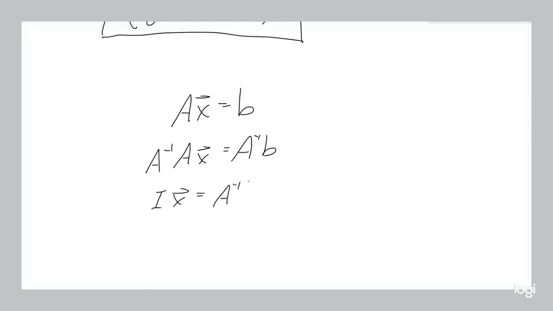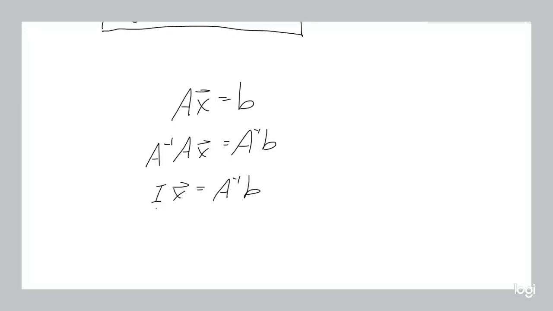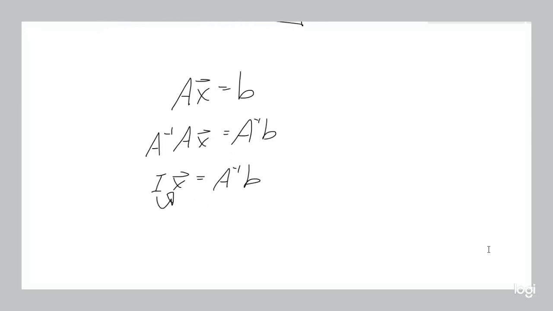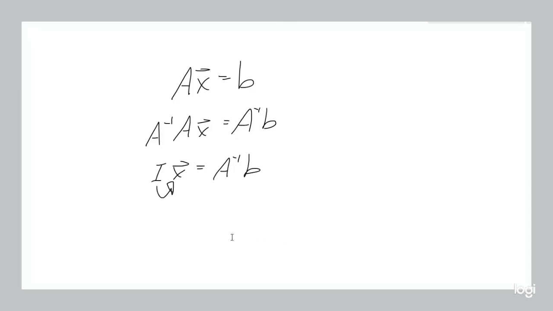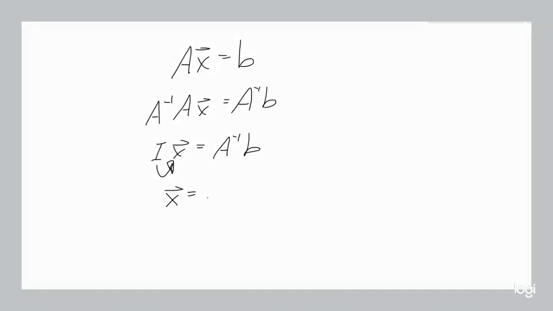If Ax equals B, we can multiply both sides by A inverse. And then we get the identity matrix on the left side equals A inverse times B. The identity matrix multiplied by any matrix, and we could think of this vector as a matrix, is itself. So what we get is x equals A inverse times B. There we go, we've solved it.